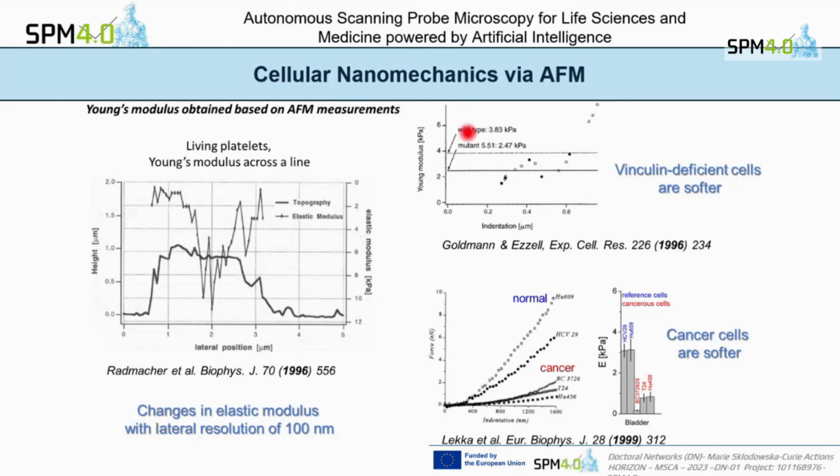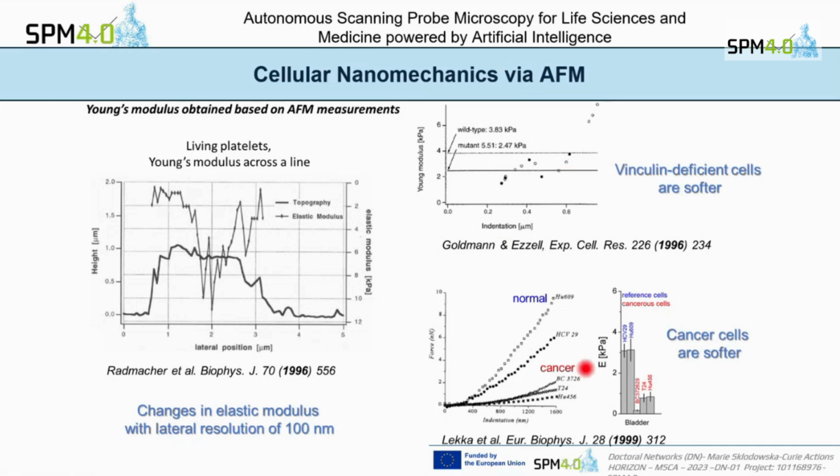It was also shown that depending on the presence of adhesive proteins, which form so-called focal adhesions, these are clusters of proteins that are responsible for attachment of the cell to the substrate or to the extracellular matrix. We can see here that depending on whether vinculin is present or not, we also see variation of Young's modulus.